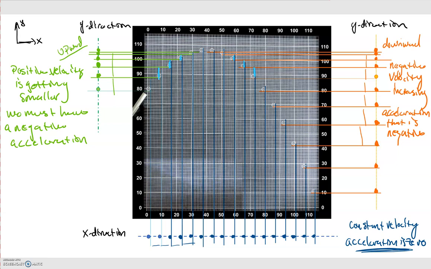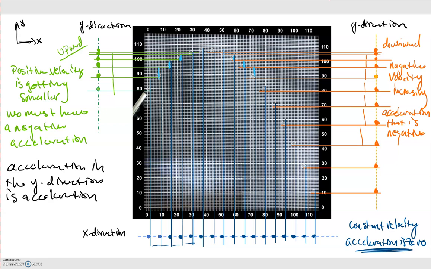We also know that that acceleration is negative, or in the downward direction. So a magnitude that acts the same in both the upward and downward motion and points downward means that for projectile motion, the acceleration in the y direction is the acceleration due to gravity, or g.